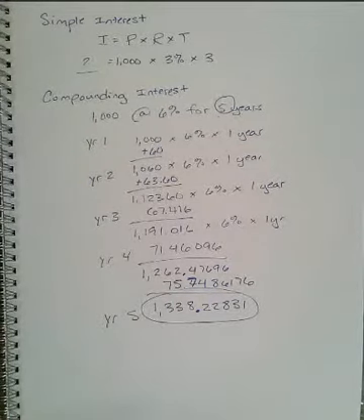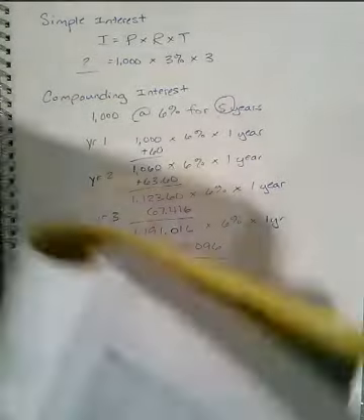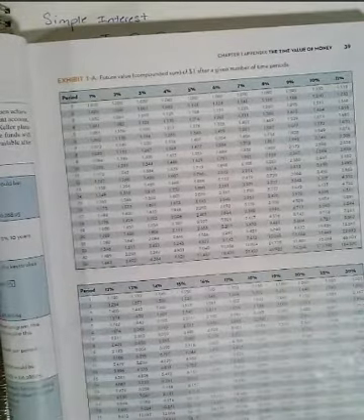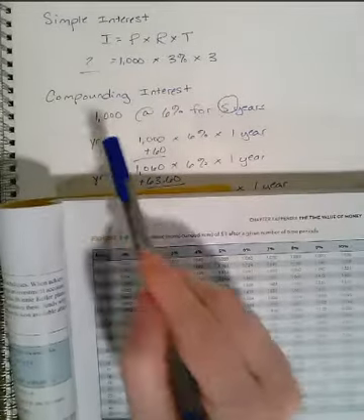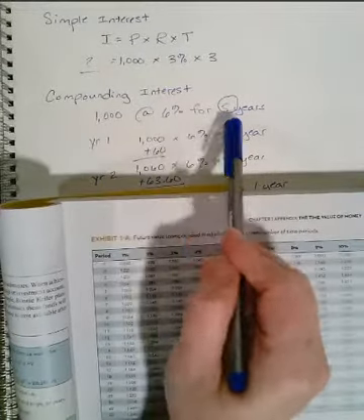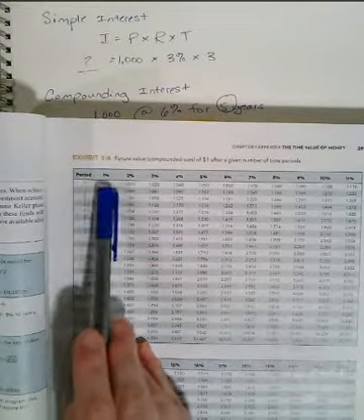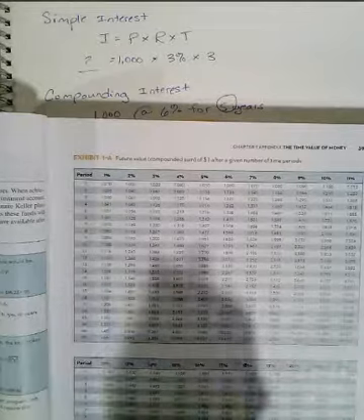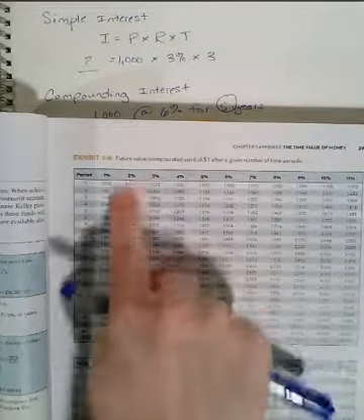So let me show you on a table how we can do these a lot quicker and more efficiently. I don't know how well you're going to be able to see that, but in our problem we had 1,000 at 6% for 5 years. In compound tables, you have your percentages usually at the top, sometimes on the side, sometimes you'll have a whole page dedicated to the percentages.